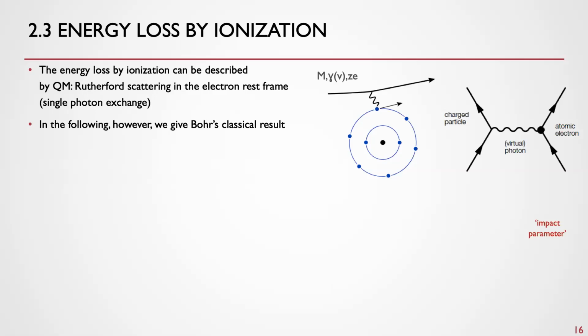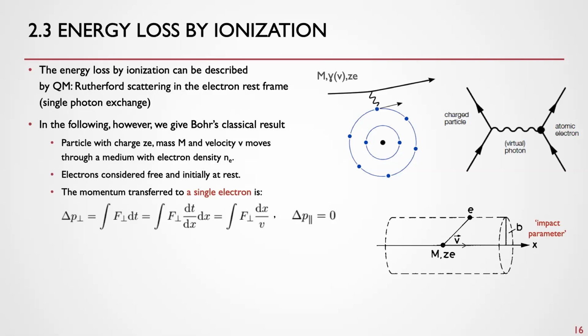In the following, I'm going to give Bohr's classical result that he obtained more than 100 years ago, and it is the Bethe-Bloch equation. The Bethe-Bloch equation governs all ionization signal creation processes in detector physics. It's extremely important, and the derivation is very worthwhile. It's classical and it's rather simple.